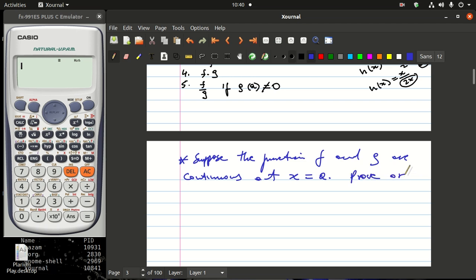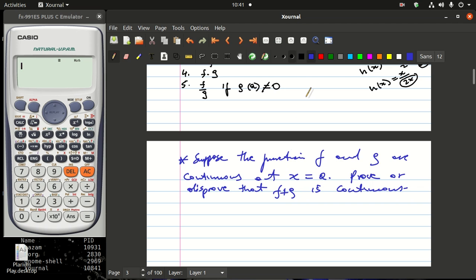Prove or disprove that f plus g is continuous.